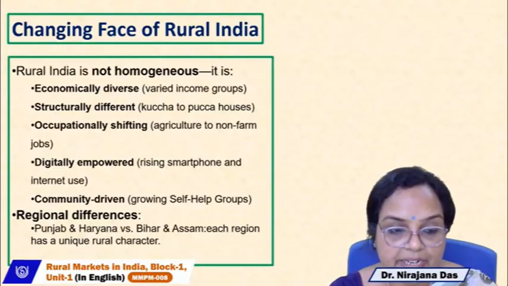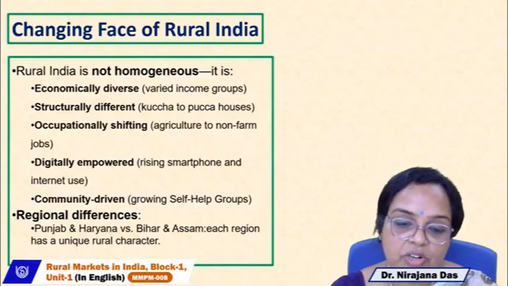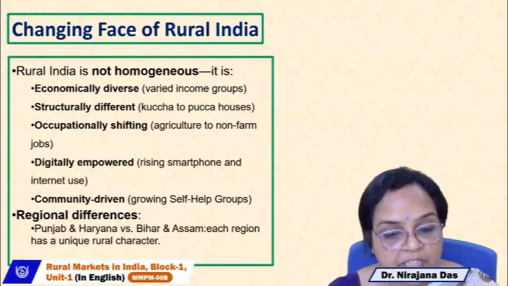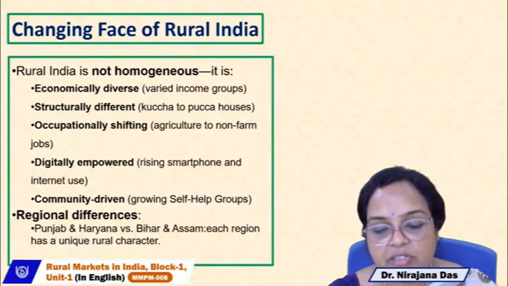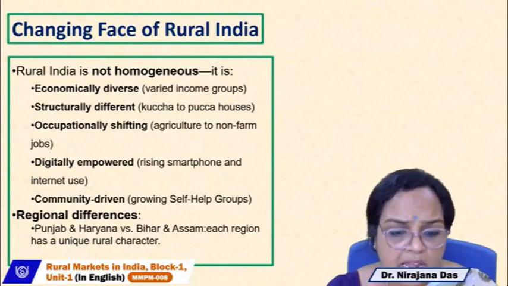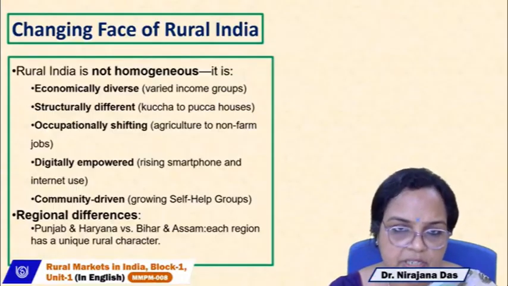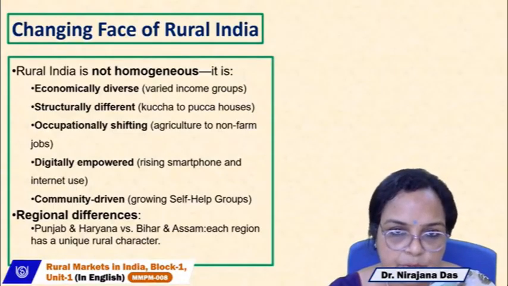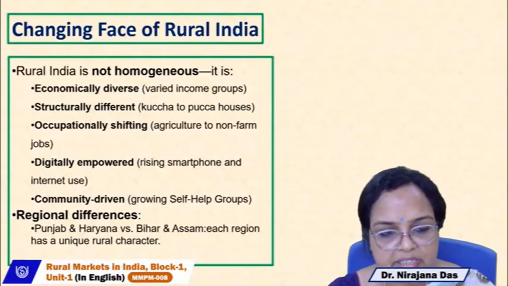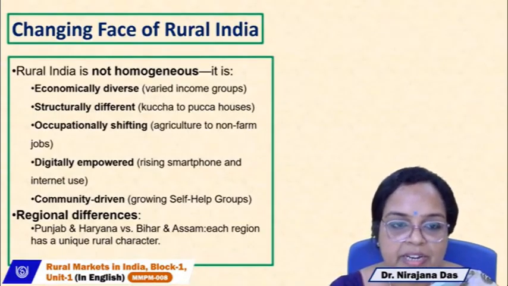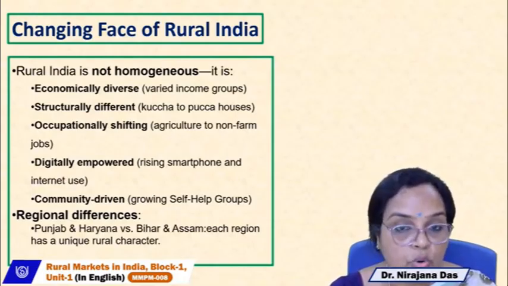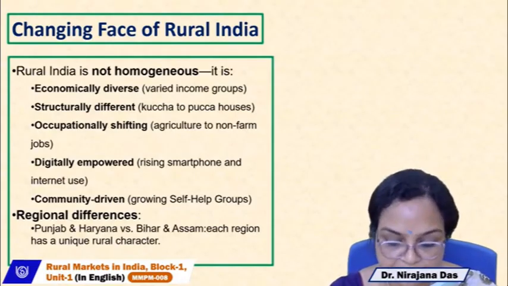Their living style, eating style, and dependency on income are all different. In the same way, a village of Bihar is different from a village of Assam due to environment, culture, eating style, production, and crops. So the basic understanding is that rural India is slowly changing to a smarter India.